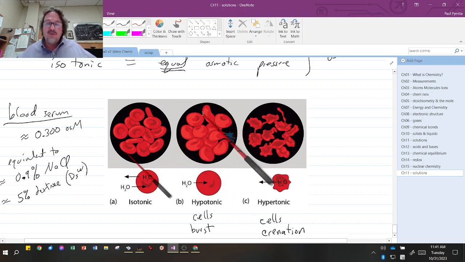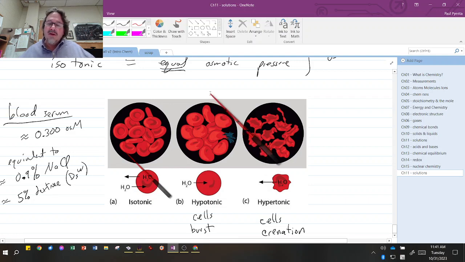If you put those cells in a solution that has less stuff concentrated in it, and so that's this middle picture, then remember the key, the water is going to cross the membrane trying to dilute the higher side.